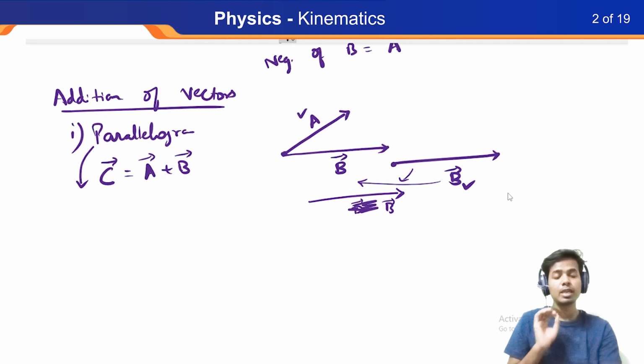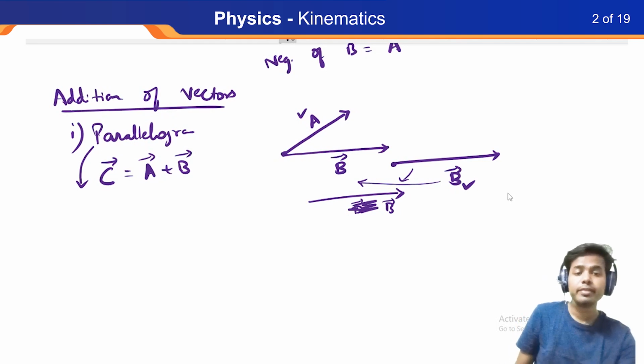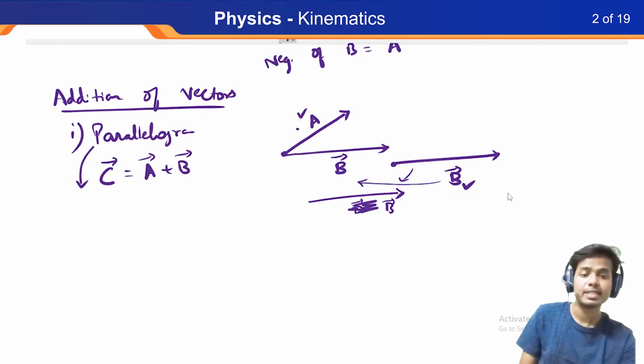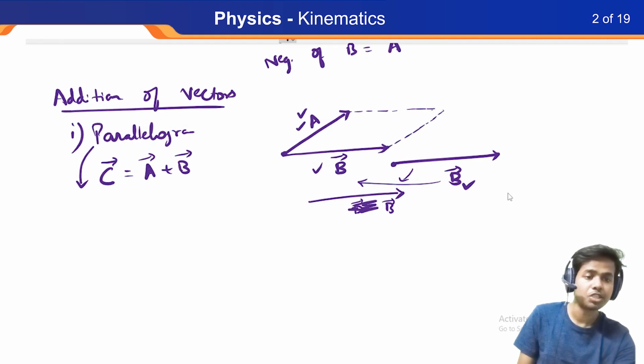If this is clear, let's move to the next part of the parallelogram rule. The next part says, now you have two sides. What you have to imagine, or draw, is a parallelogram which has these two sides, this side and this side. So what you do is make parallel lines and make them touch each other.